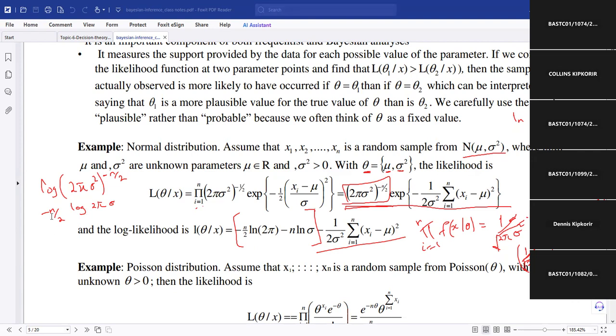Which will give me negative n over 2 log 2 pi, minus n over 2 the log of sigma squared, because this is again sigma squared here.